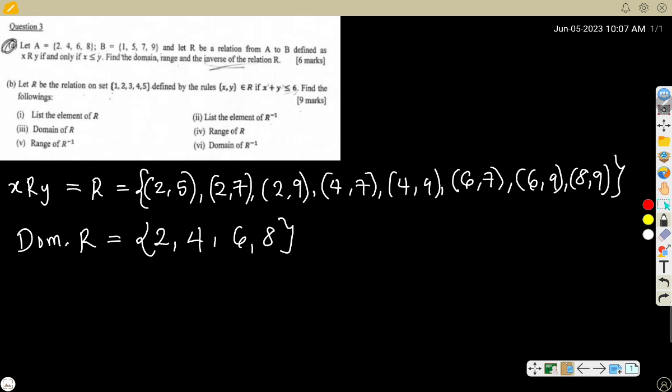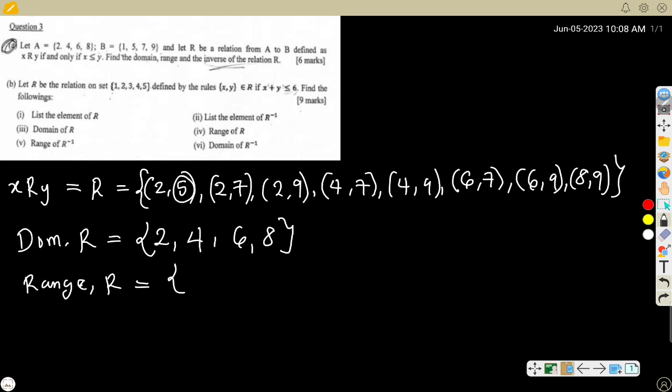And also the range of R. The range of R will be equal to the set of all the second elements.